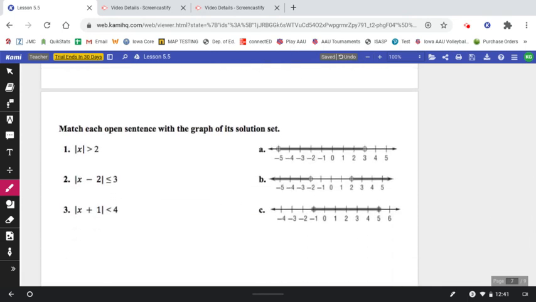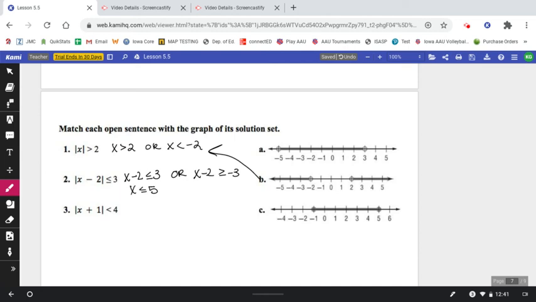Match each open sentence with the graph of its solution set. So number 1, if I set up the two equations, I have x is greater than 2, or x is less than negative 2, which is B. For number 2, I have x minus 2 is less than 3, or x minus 2 is greater than or equal to negative 3.